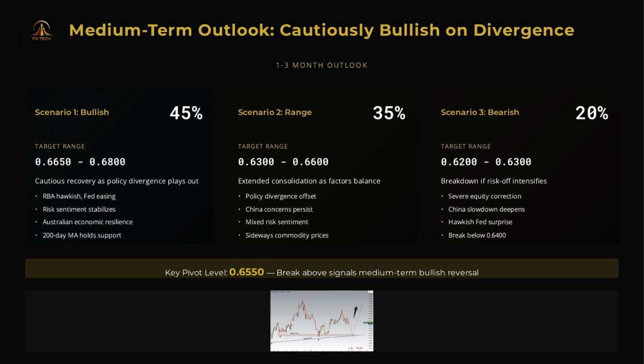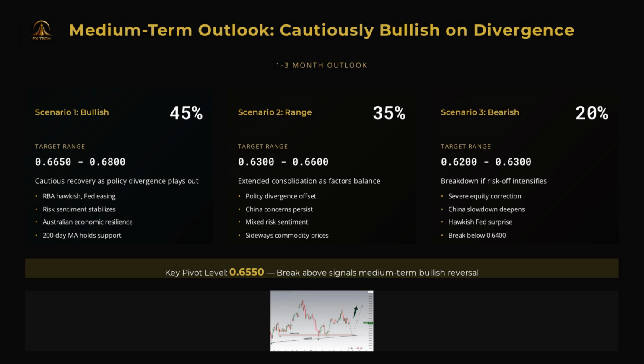Scenario 2, 35% probability, sees extended range trading between 0.6300 and 0.6600 if factors balance out: policy divergence offset by China concerns, mixed risk sentiment, and sideways commodity prices. Scenario 3, 20% probability, targets a bearish breakdown to 0.6200 to 0.6300 if risk-off intensifies.